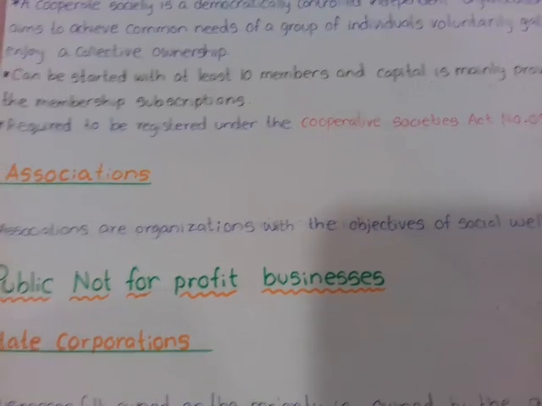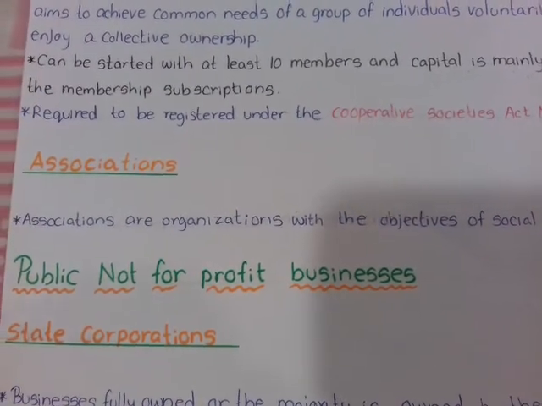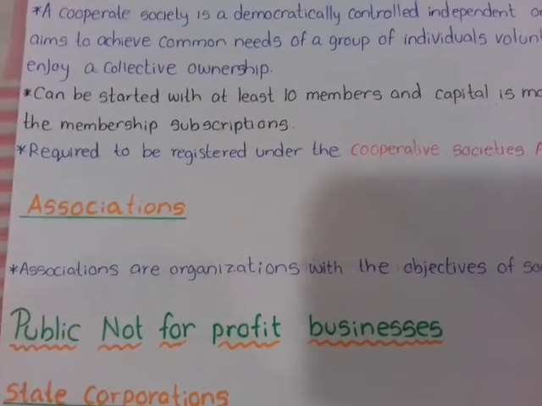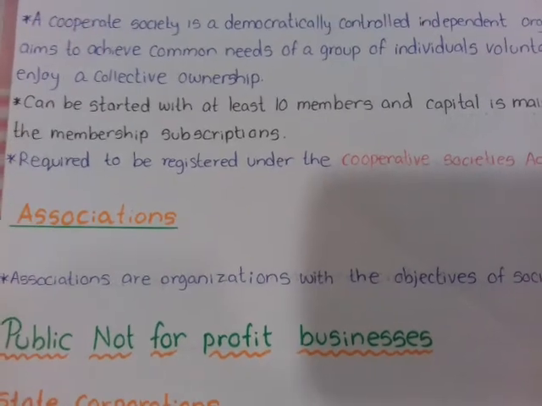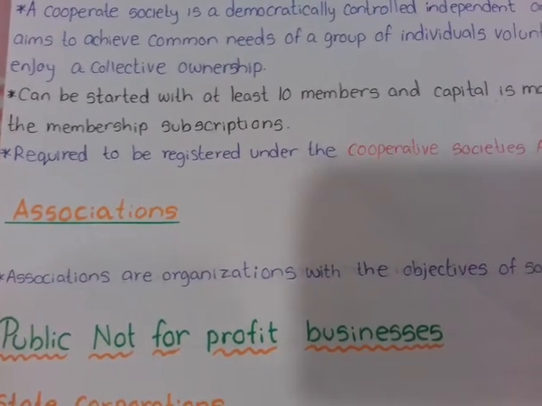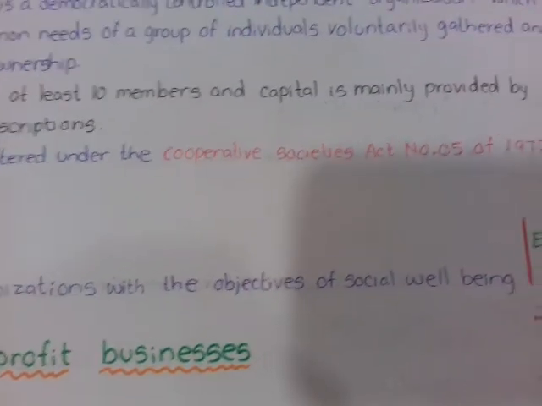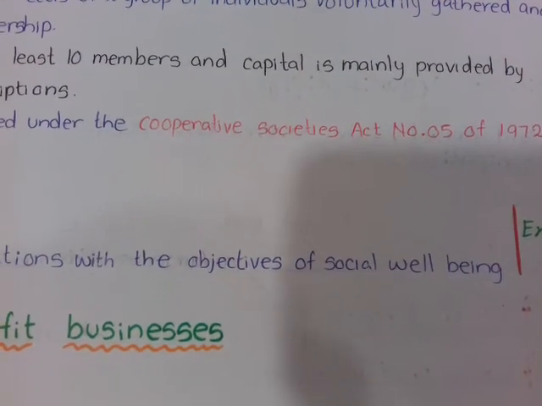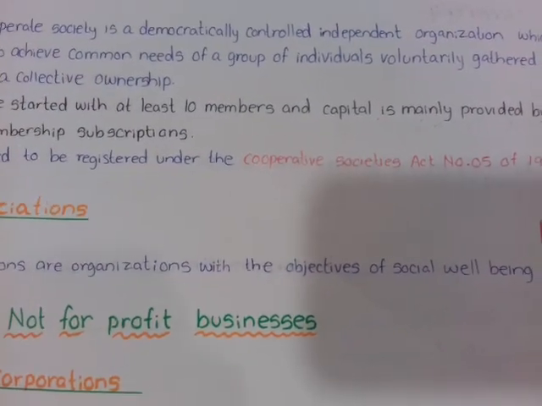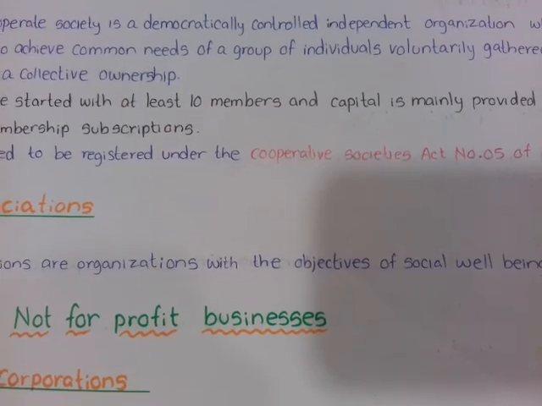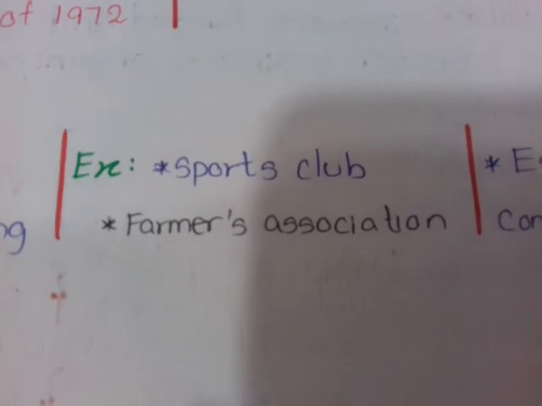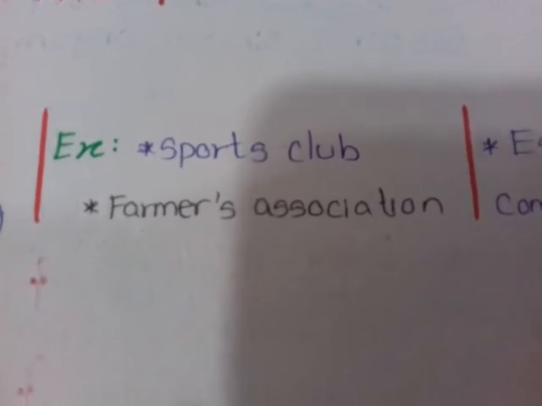And next we'll be talking about associations, which is also a private, not-for-profit business. So, what are associations? Associations are organizations with the objective of social well-being. The examples for associations are sports clubs and farmers associations.